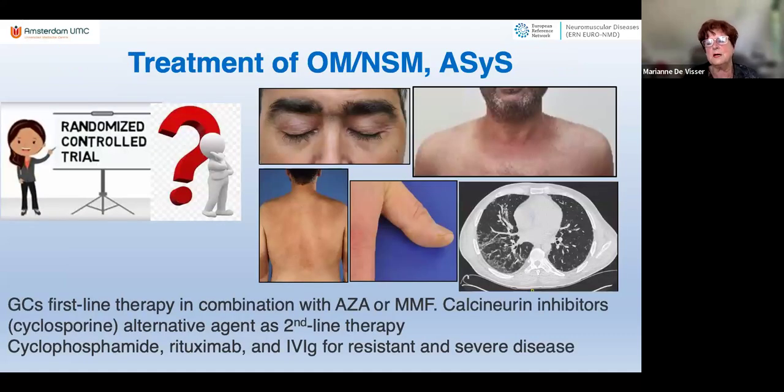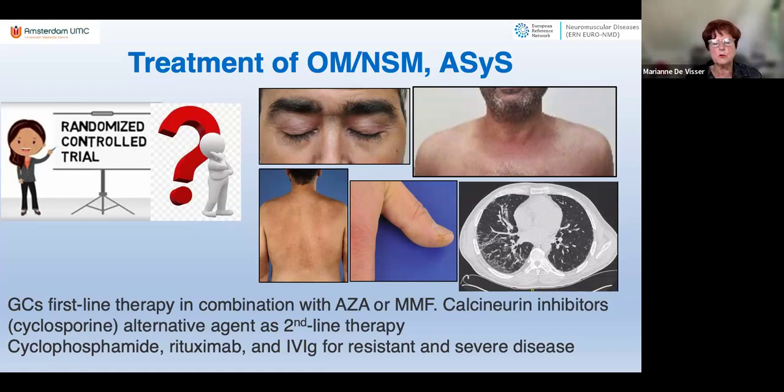Unfortunately, no randomized controlled trials have been conducted for overlap myositis and for anti-synthetase syndrome. These patients are treated according to general recommendations, glucocorticoids in combination with azathioprine or MMF, mycophenolate mofetil, not with methotrexate, in particular in cases of anti-synthetase syndrome with regard to the lung involvement.